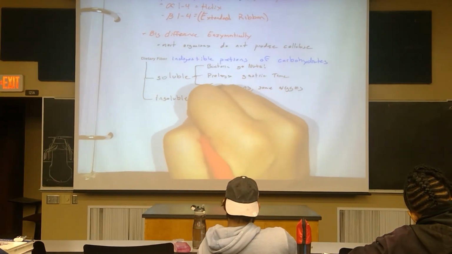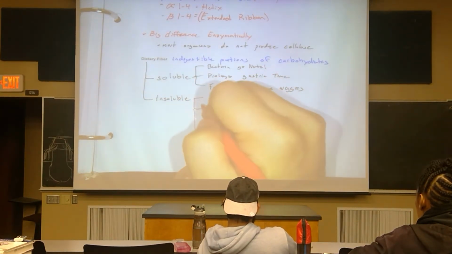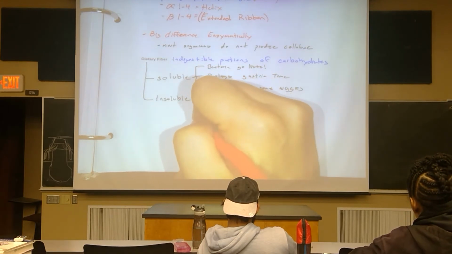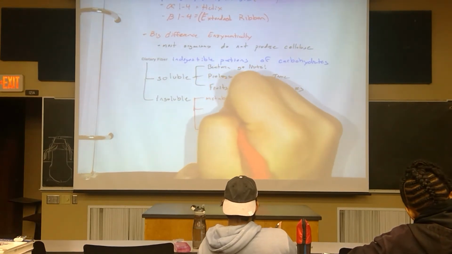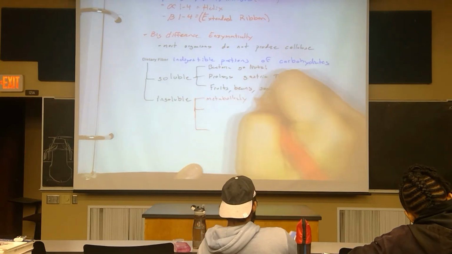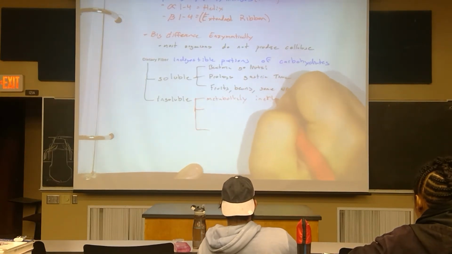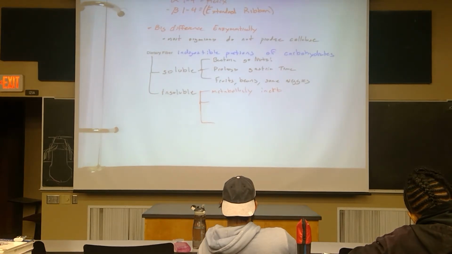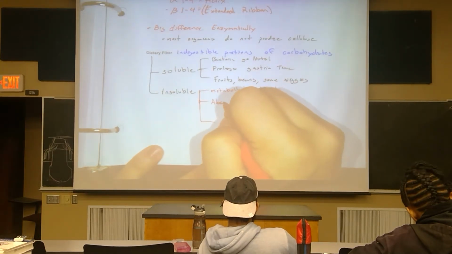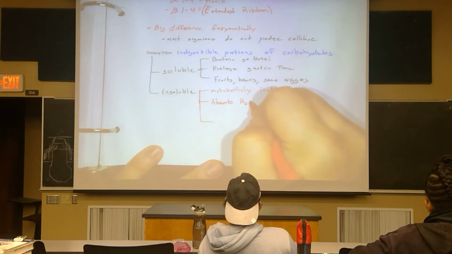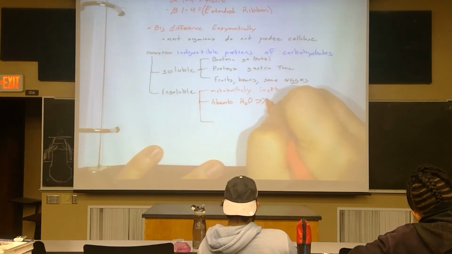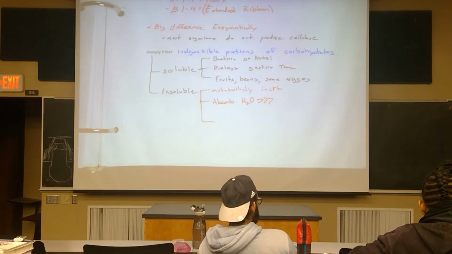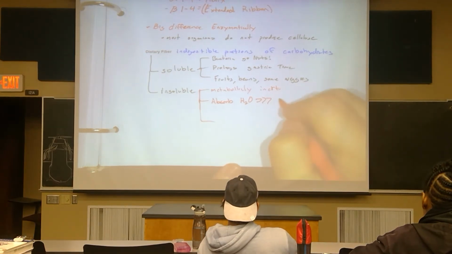Insoluble fibers are metabolically inert. Why? Because they're insoluble. They absorb water. You can imagine they absorb water as they pass through the GI tract. What does this do?